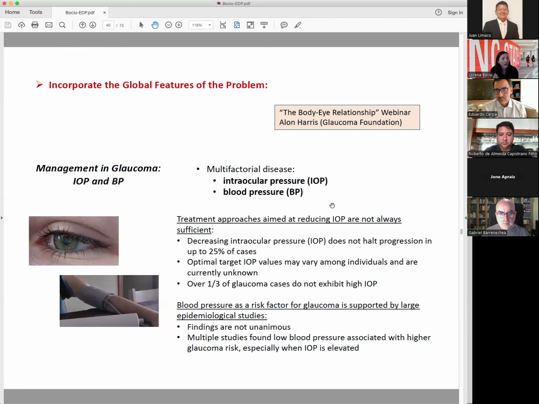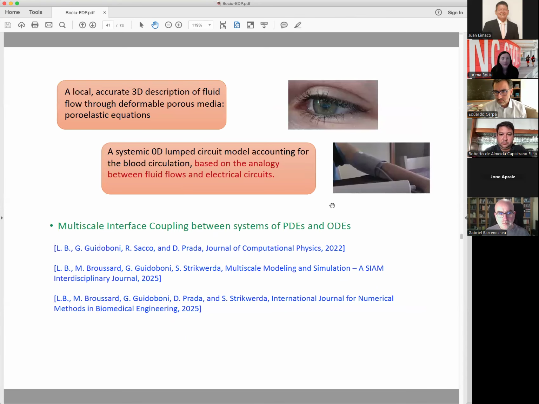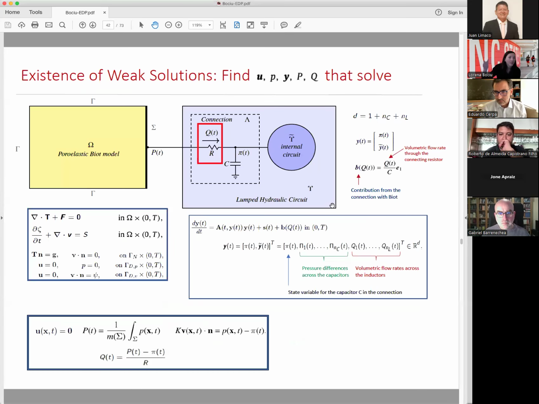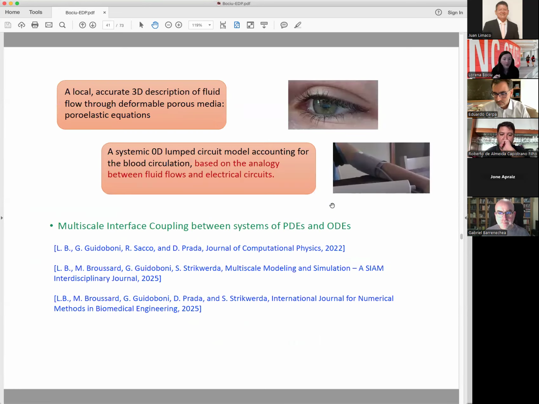So we wanted to account for the blood pressure, and this is what we do by basically modeling it with this lumped hydraulic circuit, right? With this ODE, okay? Sorry, I skipped too fast, but these are the recent papers that we have related to this multiscale interface coupling. Two of them are based on numerics, and one of them is based on the theory.